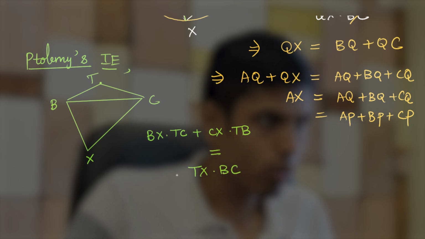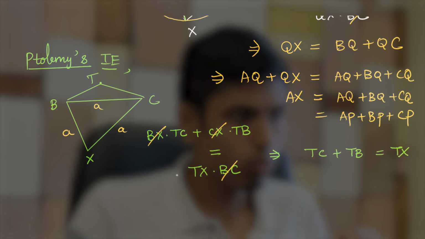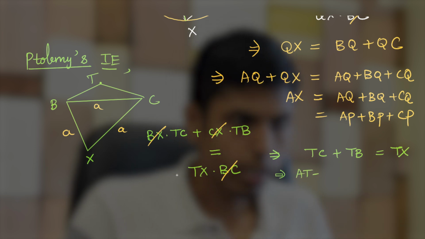But again, I know that BC equals BX equals CX. So I can cancel that out, implying that TC plus TB is at least TX.